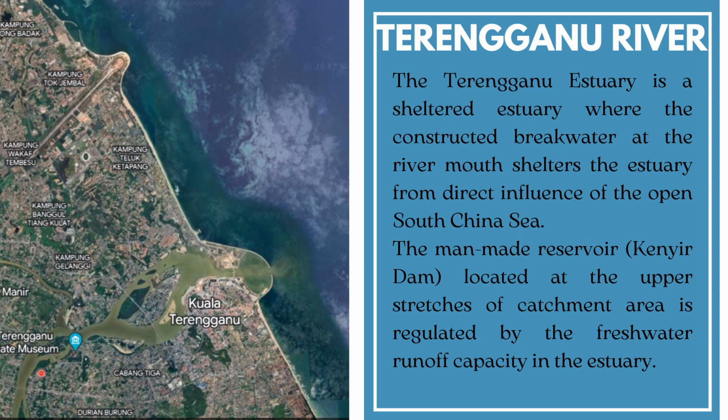Further upstream, there is the man-made reservoir known as Kenyir Lake or Kenyir Dam, located in the upper part of the Terengganu River. It serves as a catchment area for hydroelectric power generation, and it regularly discharges fresh water throughout the Terengganu River.